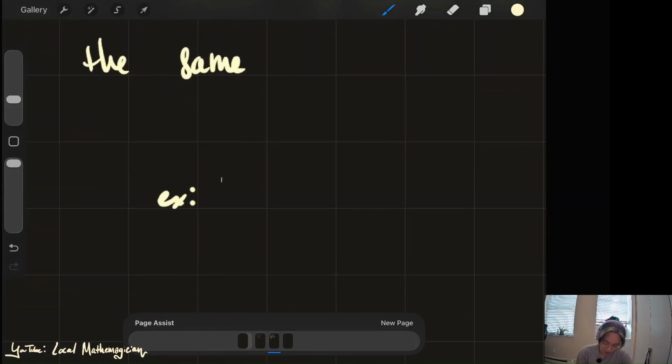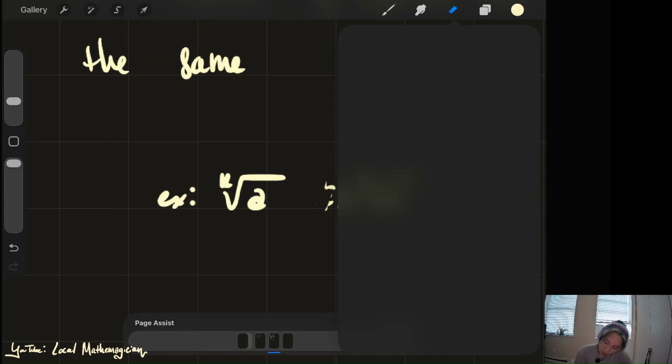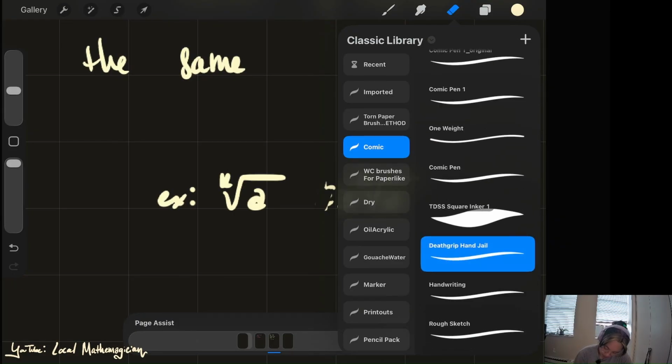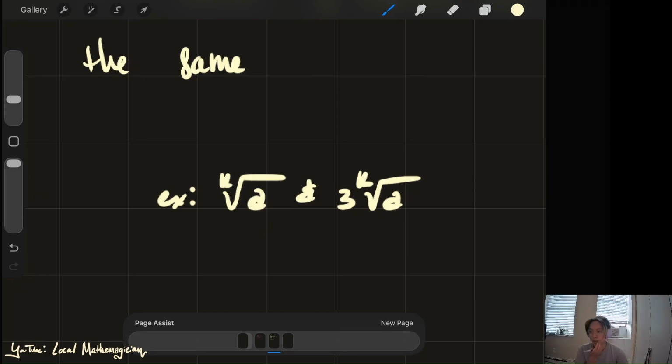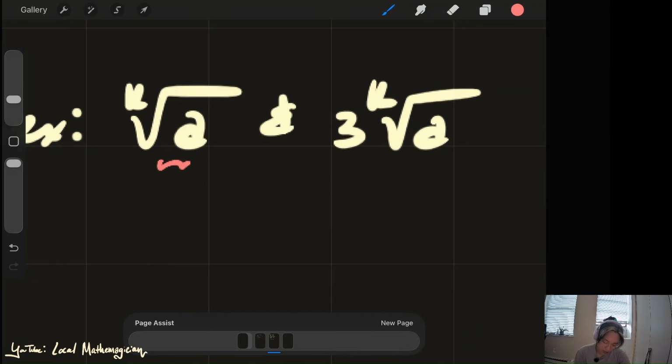So, for example, if you have the kth root of a and 3 times the kth root of a, what are their radicands? The radicand on the left hand is a, the radicand on the right hand is a.